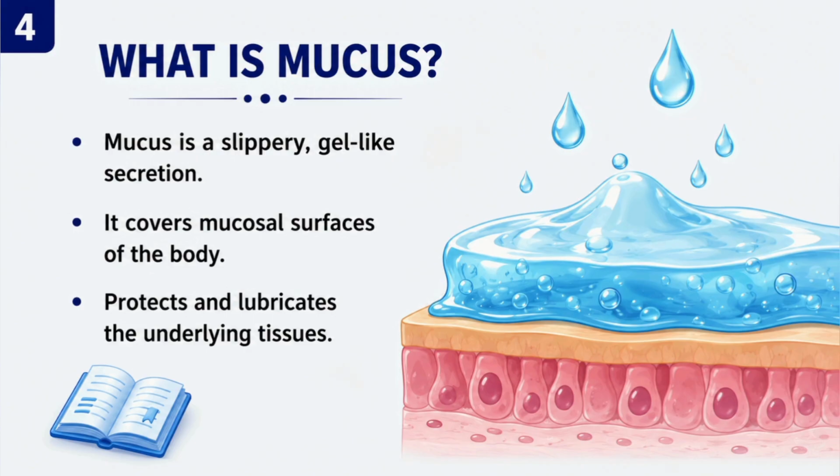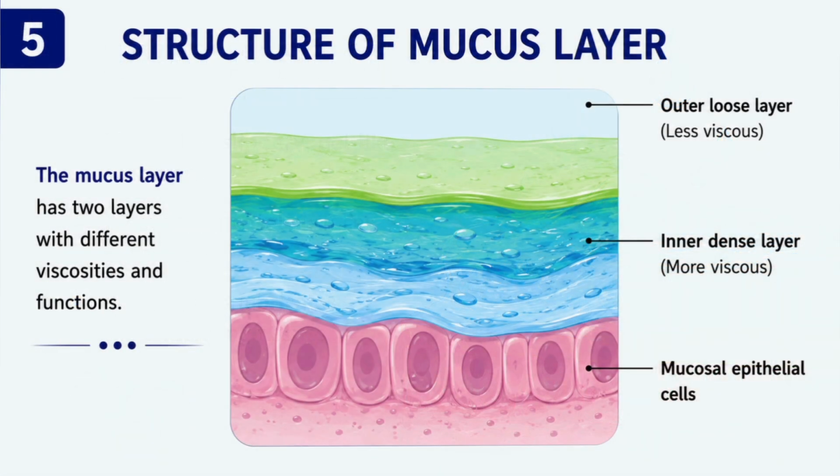Now, the structure of the mucus layer. Observe the mucus layer carefully. The outer region is generally looser and less viscous, and the inner region can be denser and more closely associated with the epithelial surface. Below the mucus layer we have the mucosal epithelial cells.